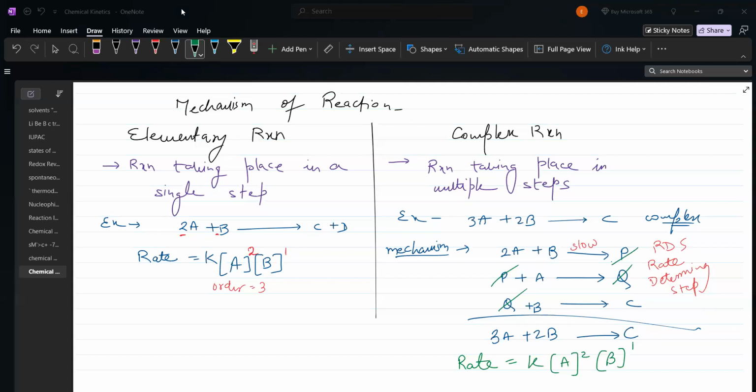Most probably after this, we have the organic part left and redox reactions, right? The rest of your chapters are done, I think. Your organic is done: aldehydes and ketones, esters, all of that. Okay, which portion do we have left? Biomolecules is left. Yes, sir, we didn't do that.